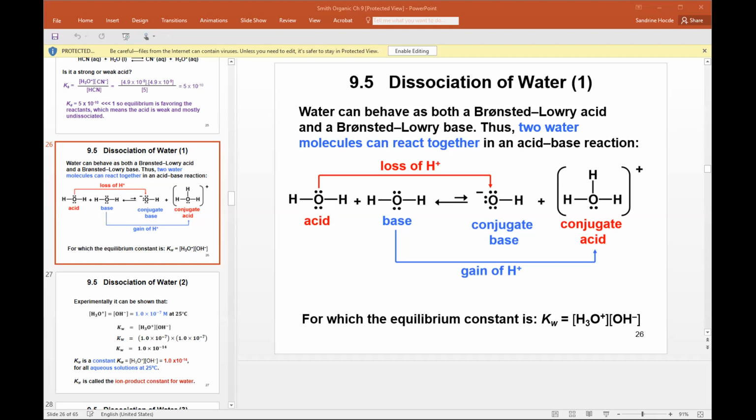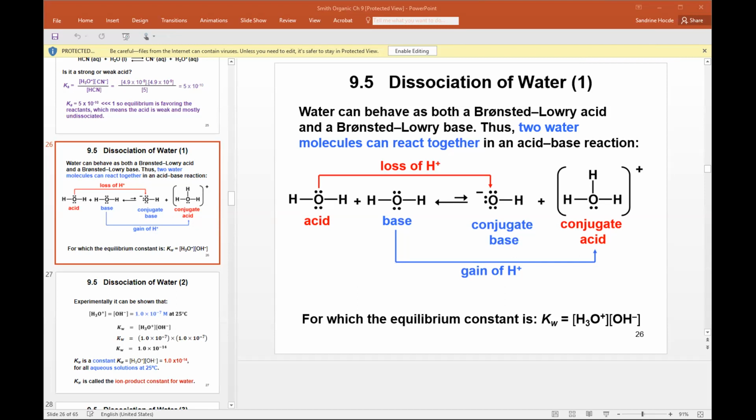And so this is now known as Kw, the ion product constant of water. Kw for water is H3O plus times OH minus.